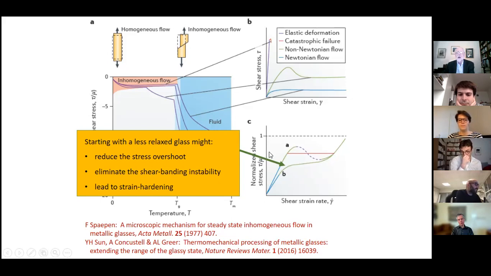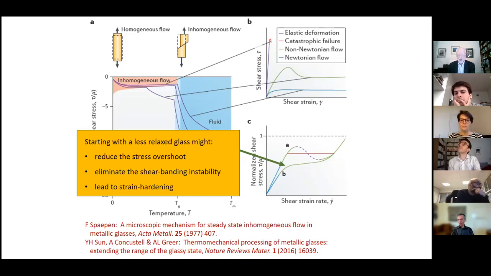But if you rejuvenated the material and somehow softened it, you would undoubtedly have an earlier entry into plastic behavior, and you could imagine a plastic behavior like this and a system that would actually show strain hardening rather than strain softening. And that, I'm going to suggest, has always been a sort of holy grail of the experimental metallic glass community.